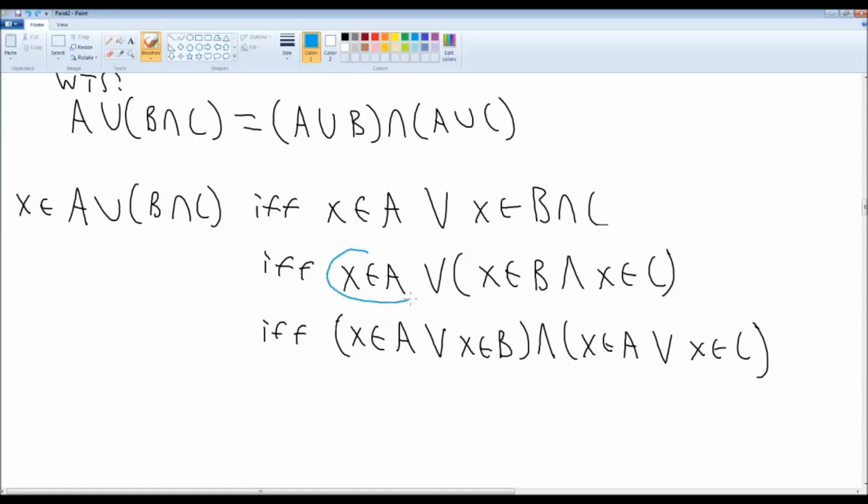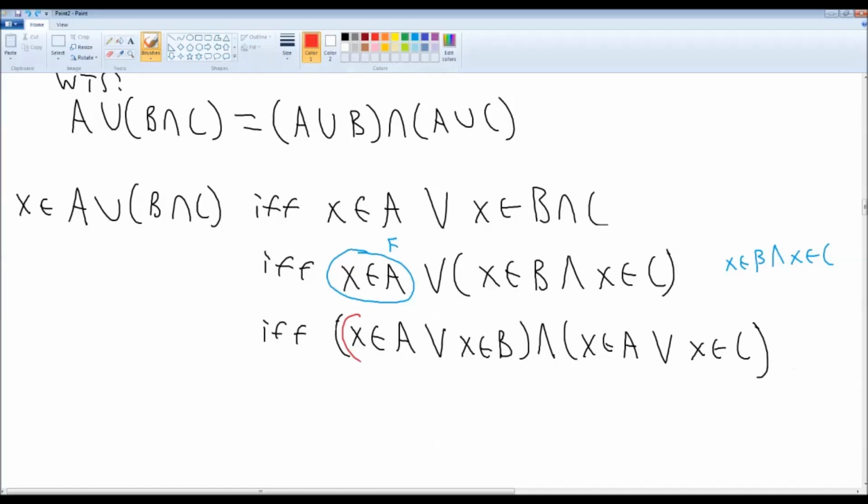Okay, so both of our whole statements evaluate to true. All right, now what about if this is false? Well, if X is an element of A is false, then false or some other statement just simplifies to whatever the other statement is. So this whole statement becomes X is an element of B and X is an element of C. And what about this statement down here?